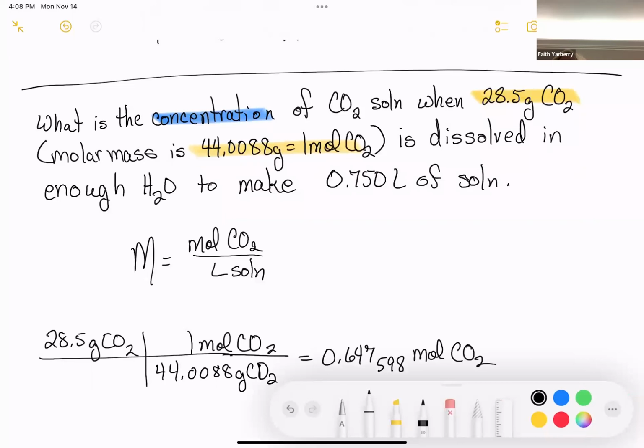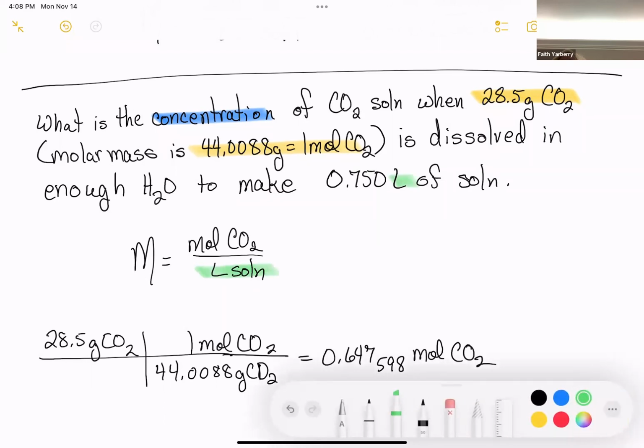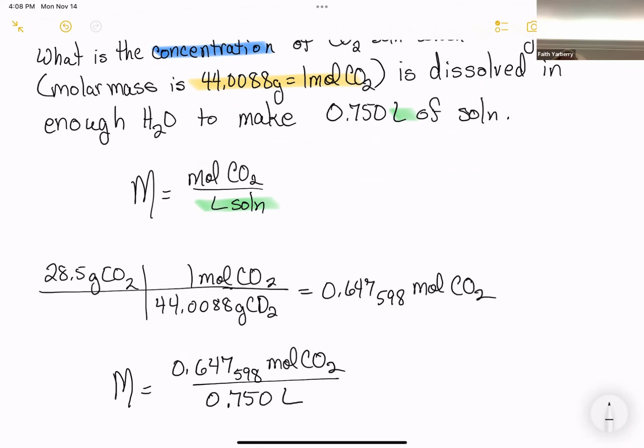I need the denominator to be liters, which is awesome because I already have liters. So that means I'm ready to do this math. The molarity is going to equal the 0.647598 moles of CO2 over 0.750 liters.